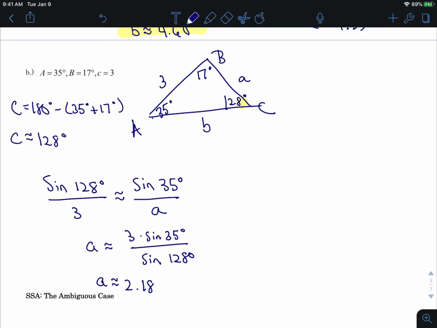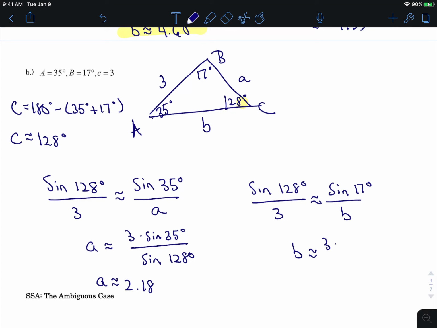All right, now I have to solve for B. Again, I'm going to stick to the answers I did not have to round, so there's not a rounding error at the very end. And so that is sine of 128 degrees over 3 equals sine of 17 degrees over B. We cross multiply.